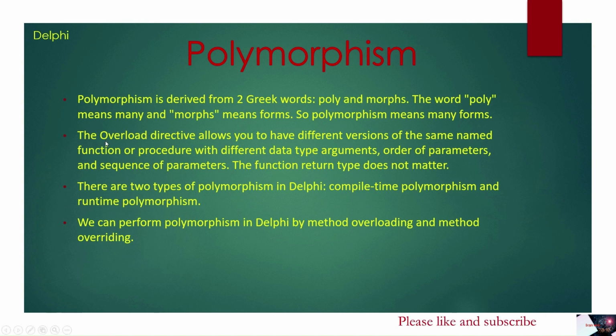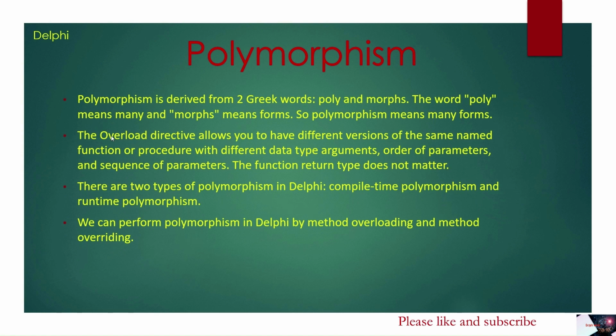The overload directive allows you to have different versions of the same-named function or procedure with different data type arguments, different order of parameters, or different sequence of parameters. The function return type does not matter. So we can have the same-name method with a different signature.